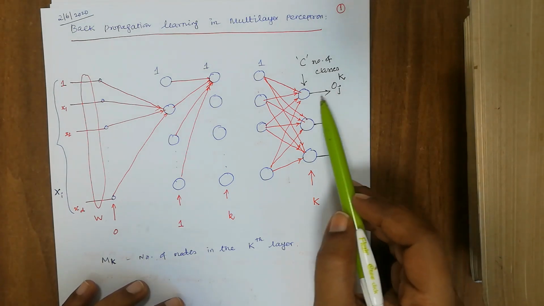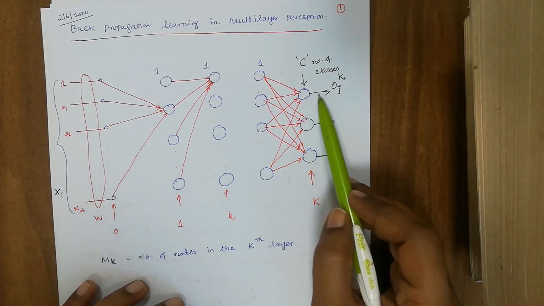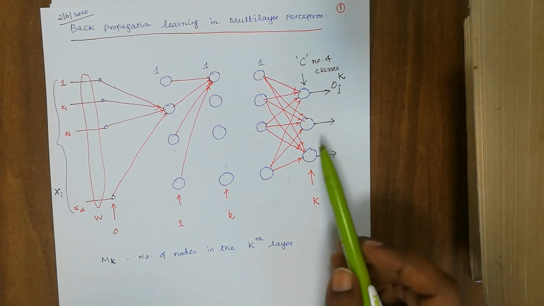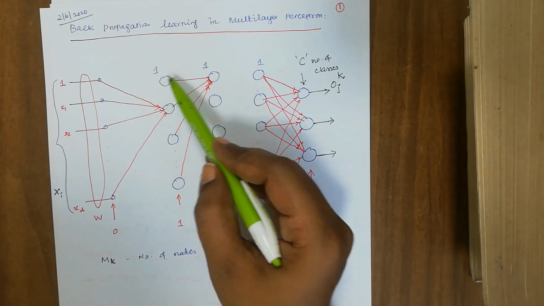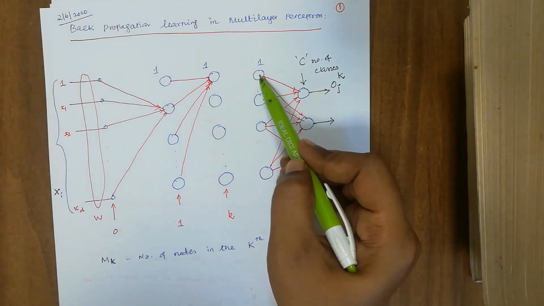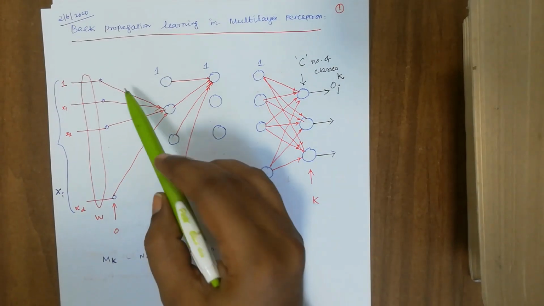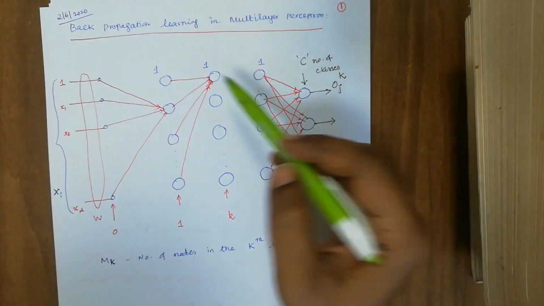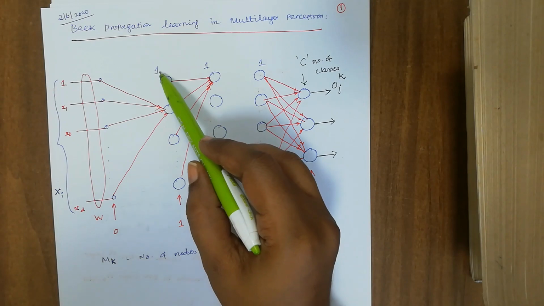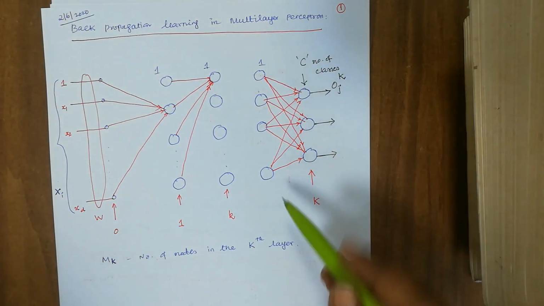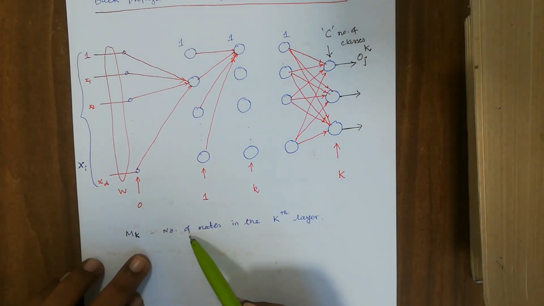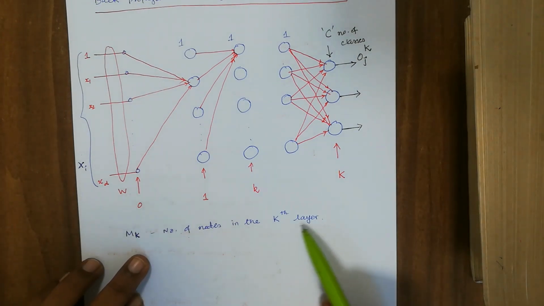So j represents the jth neuron out of the C neurons, and these ones include the bias. Other than the input layer, every hidden layer consists of a bias node which is represented as 1 here. And let us also assume mk denotes the number of nodes in the kth layer.